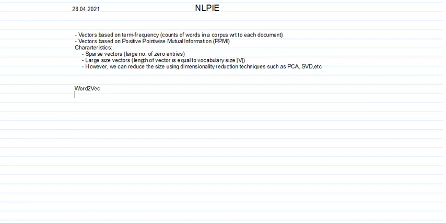This word2vec actually uses a technique called skipgram, and it uses another technique called negative sampling.